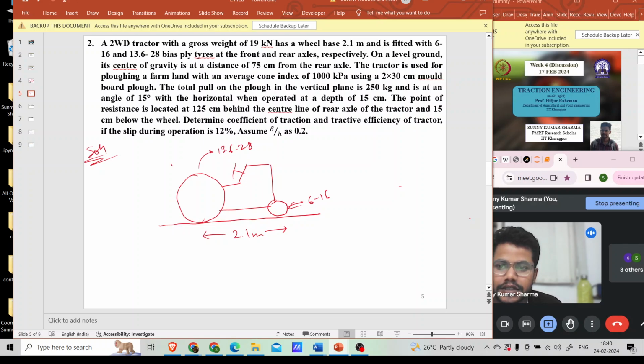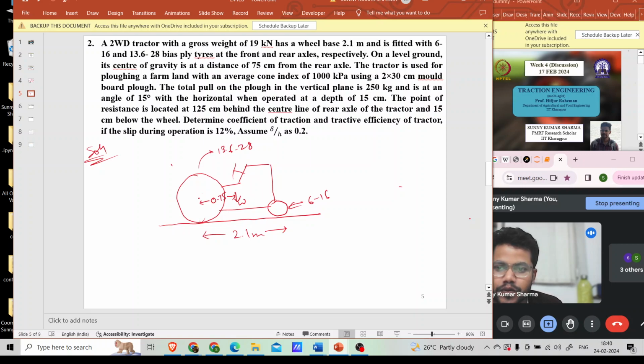On level ground, its center of gravity is at a distance of 75 centimeter from the rear axle. We will do the calculation in meters, so we write 0.75 meter.